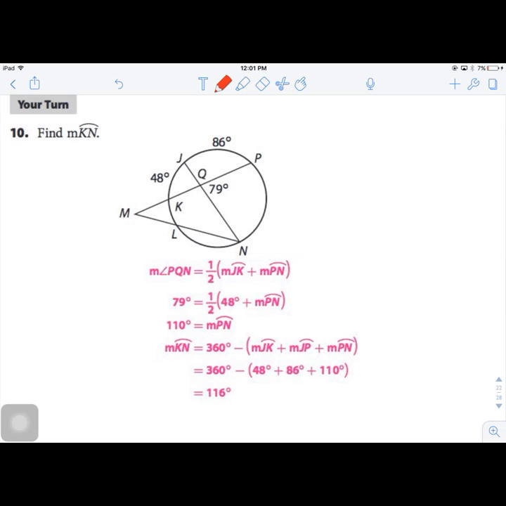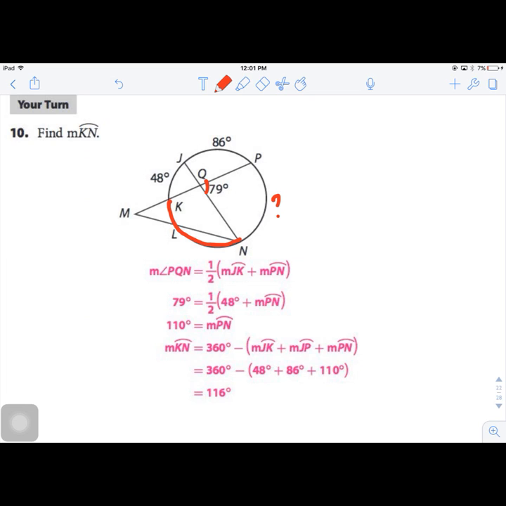So you're looking for KN, which is from here to here. So understand that the first thing that we need to do is use some of the rules that we know from before to solve for this unknown piece right here first. So this angle is actually already given. So the first thing we're going to do is begin by looking for this arc PN.